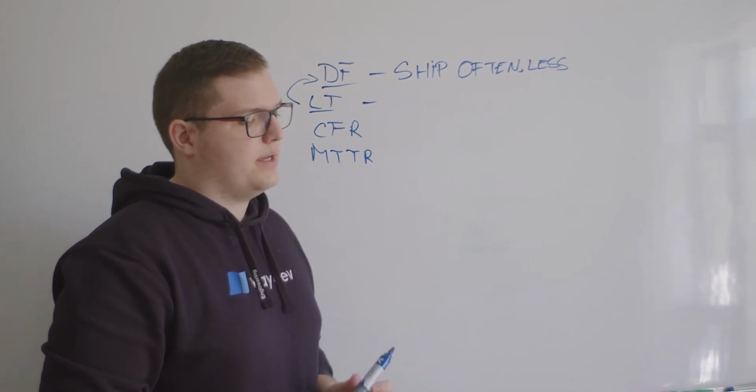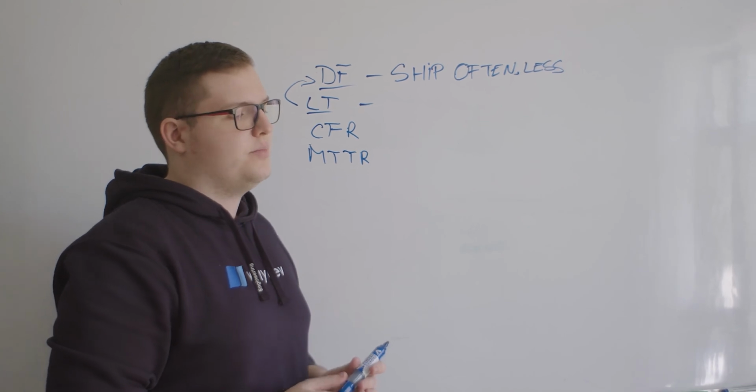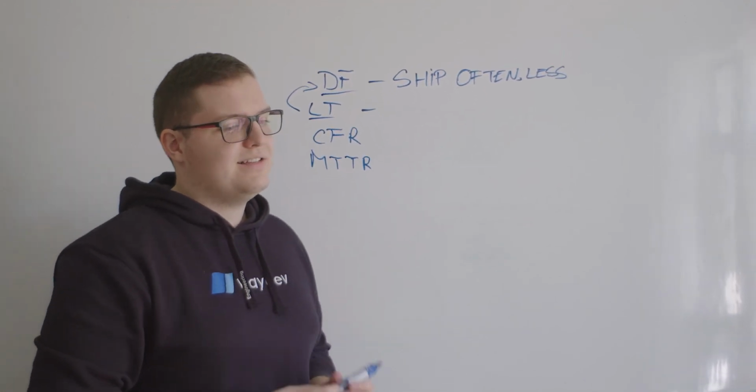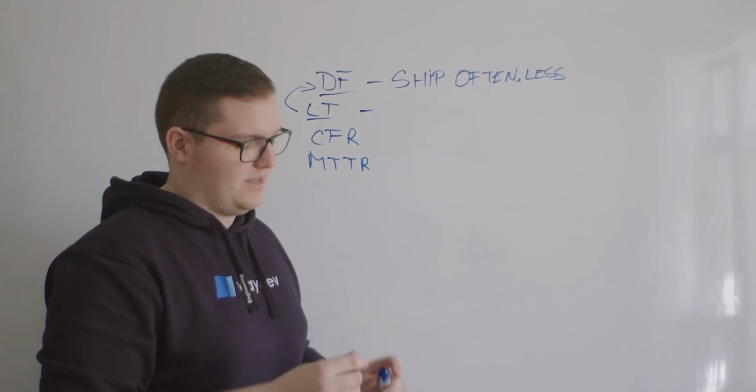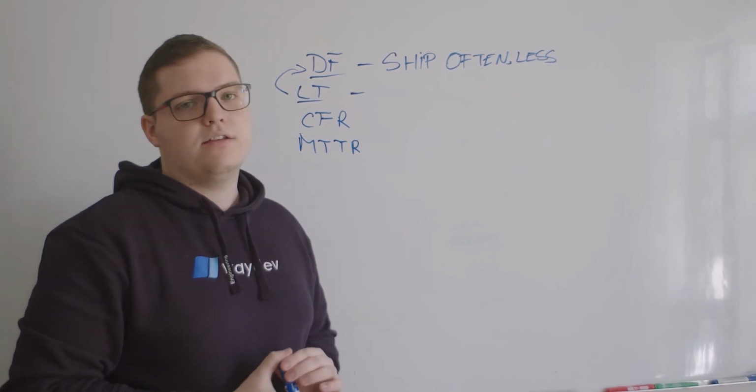An important aspect in improving your lead time to changes, which a lot of big companies struggle with, is that the testing part of implementing the changes into production takes days, if not even weeks.